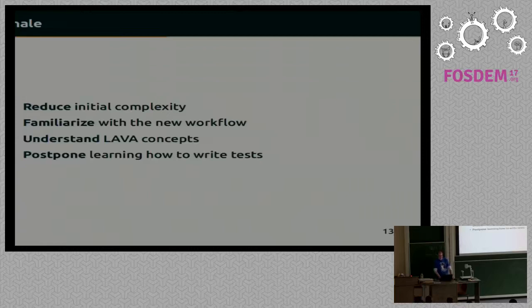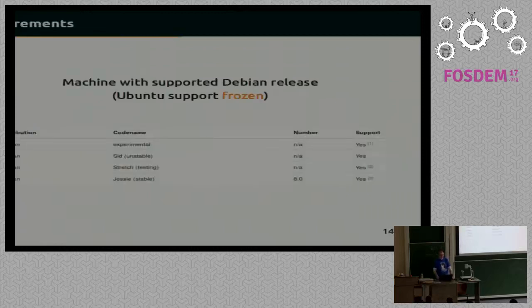As for requirements for your own Lava laboratory, the only one is to have a Debian-based machine. Currently, support for Ubuntu is frozen. More details you can find in the link on the presentations. But for now, any Debian instance that you have to spare will be sufficient.